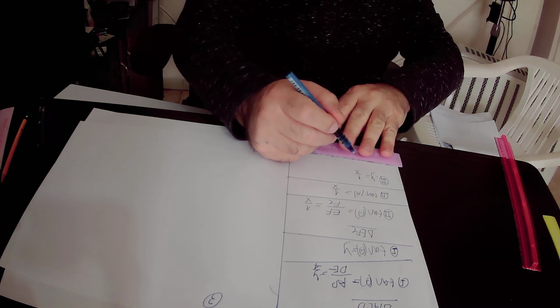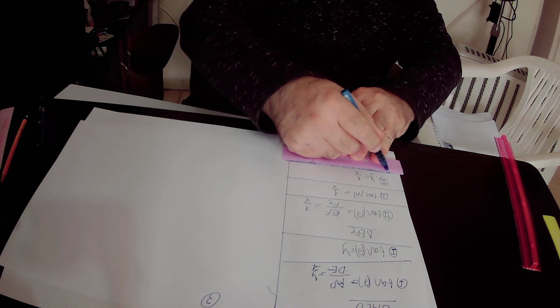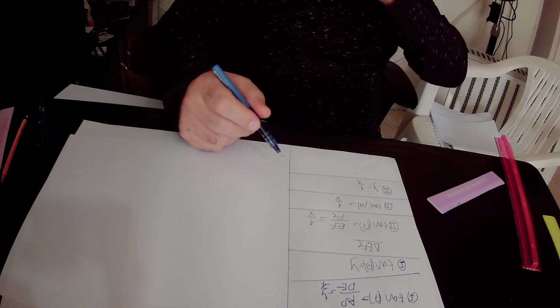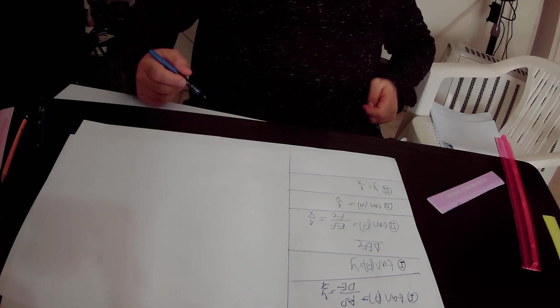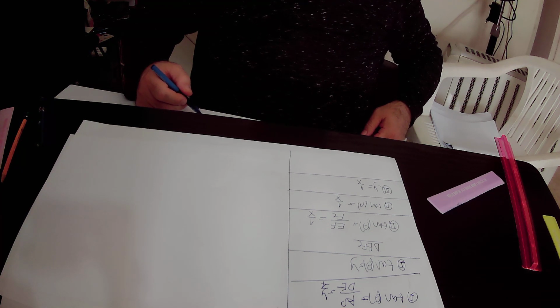So in conclusion, we found out that according to equation number 3, y equals 1 over x. What does equation number 3 mean? It means that y is the inverse number of x.